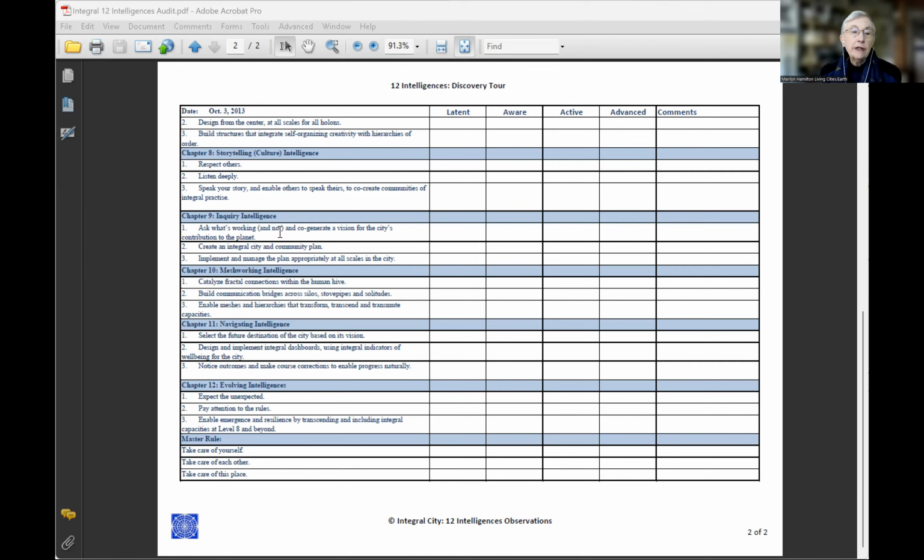And the third element of meshworking is enabling meshes and hierarchies that transform, transcend, and transmute capacities.